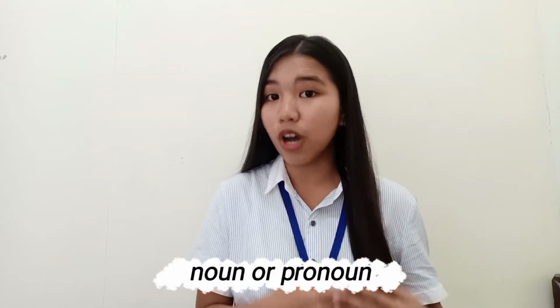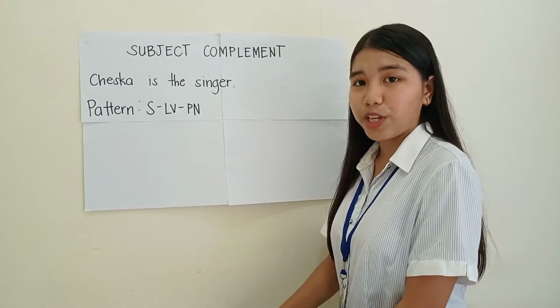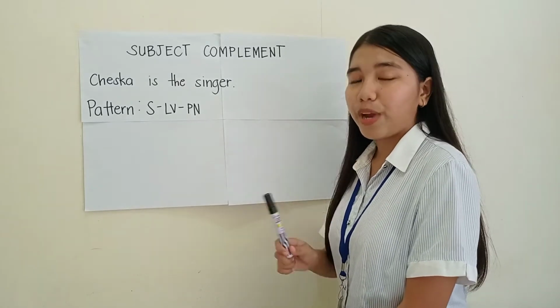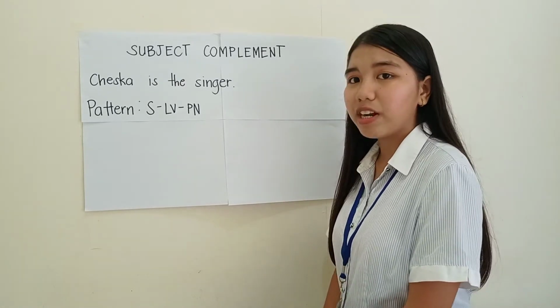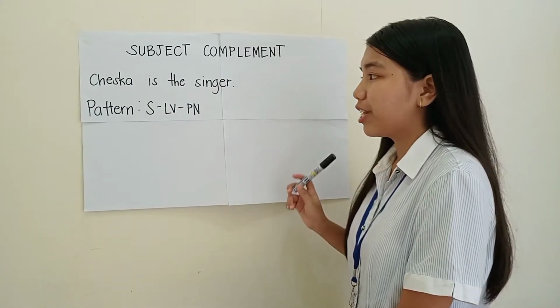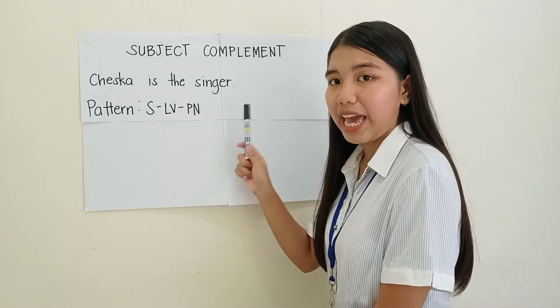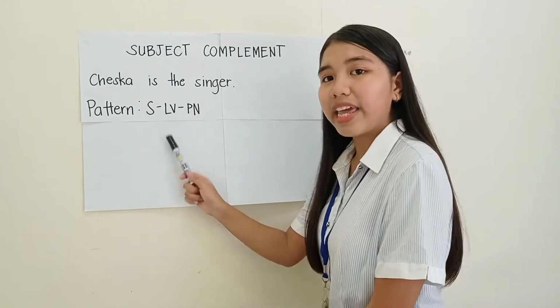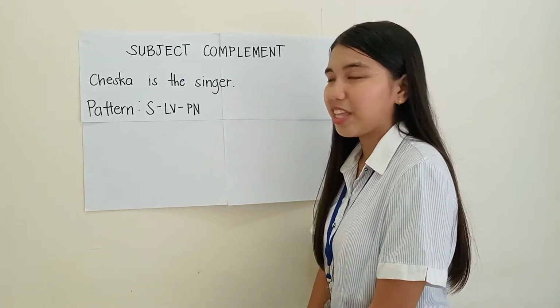Both the subject and the predicate nominative must be a noun or a pronoun. Moving on to the subject complement, which is the predicate nominative, we have here the sentence, Chaska is the singer. We have this pattern, the SLV-PN pattern, or the subject, linking verb, and predicate nominative.